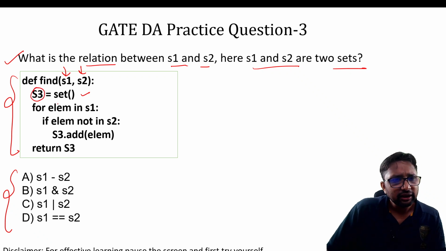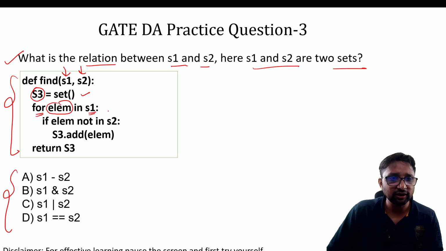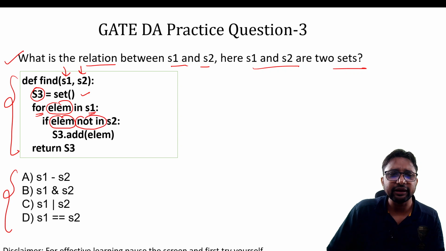Fine. Again we are taking the element from S1. One by one in this loop we are taking all the elements of the S1 set and checking, okay, is this element not present in S2? If the element is not present in S2, then we add that element inside the new set S3.